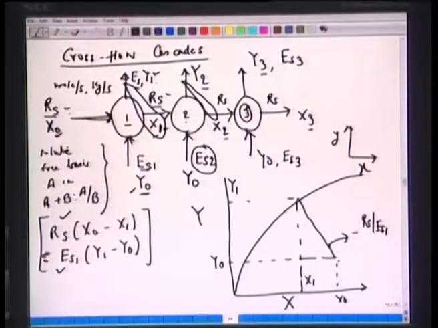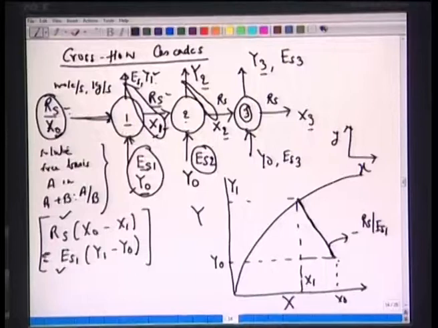Okay, let's see again here. There are two ways of drawing or plotting this. If the compositions and the specifications of the feed Rs, x0, and the solvent Es, y0, are given, we can mark these two points. If we know the flow rates, we can draw the slope, and we can say that if they have spent enough time, or they are ideal stages or equilibrium stages, then this line will be the operating curve.